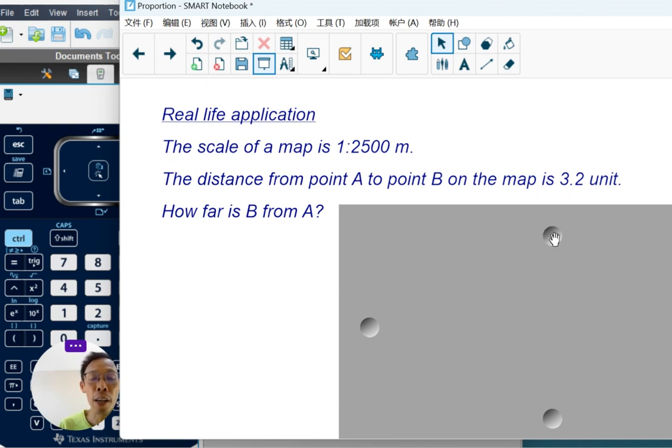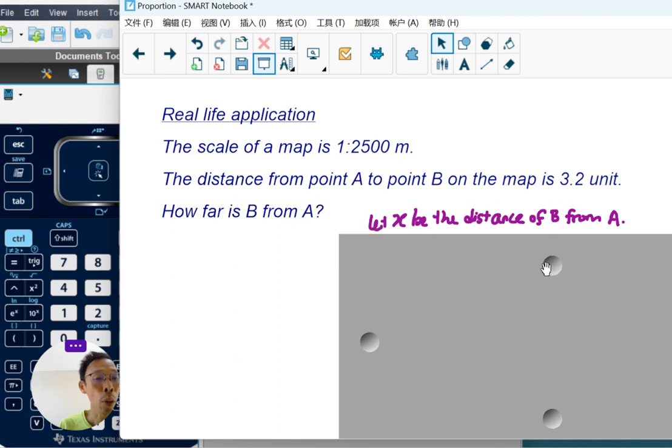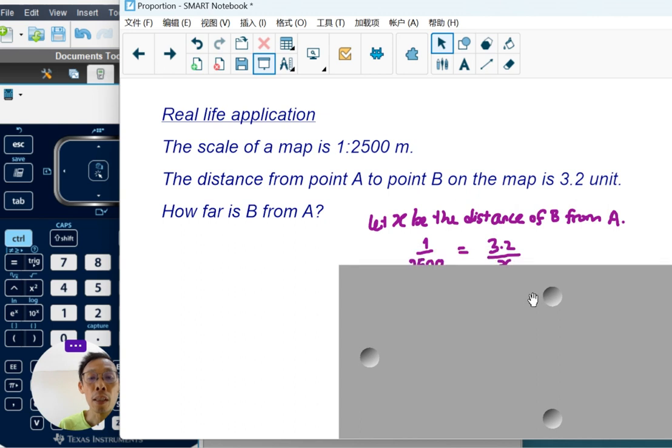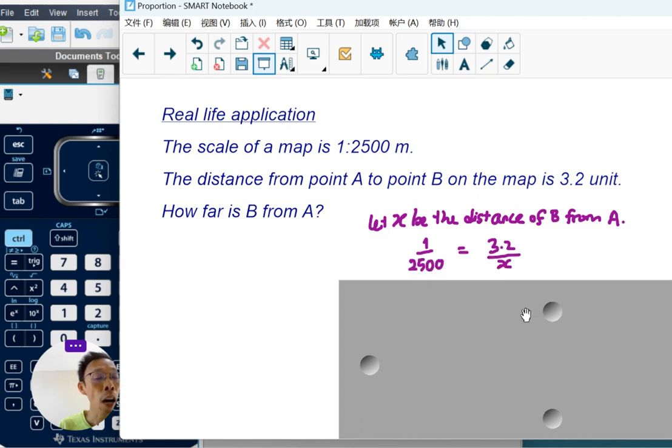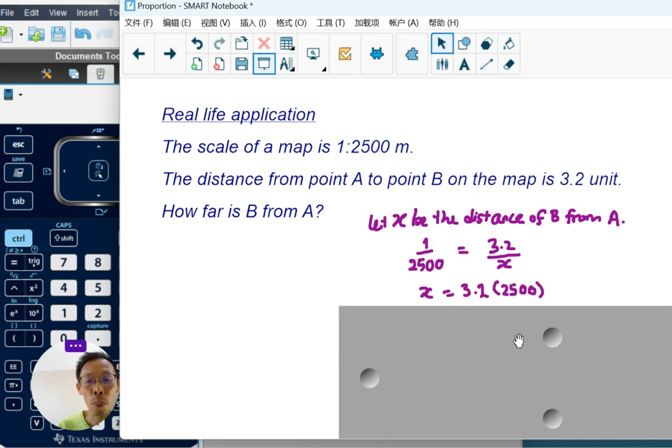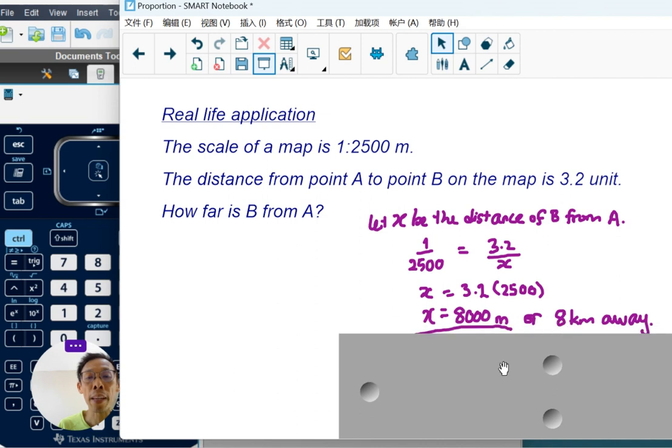I'm just going to show you the answer right now. So, have you got that? Did you define an x? Very good, you did. So then, put them into a proportion. And then, cross-multiply. Use a GDC or simplify to get this answer. X is equal to 8,000 meters or 8 kilometers away.